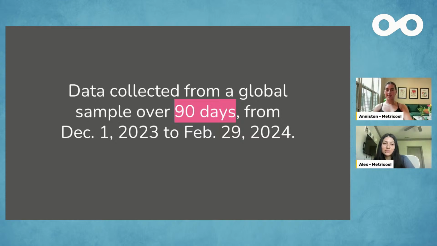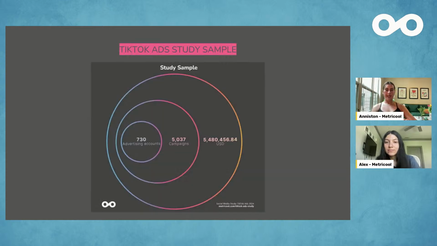So I think this is super important, useful data, maybe as you look towards another holiday campaign. From this sample, we analyzed 730 advertising accounts, over 5,000 campaigns, and an investment of 5 million.